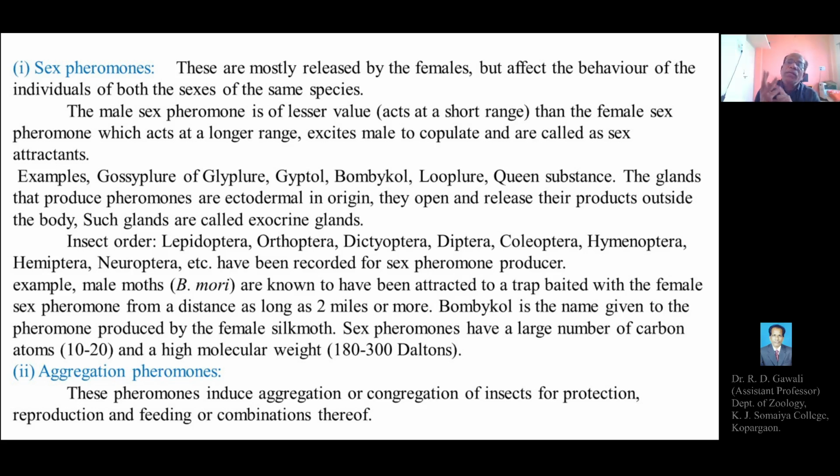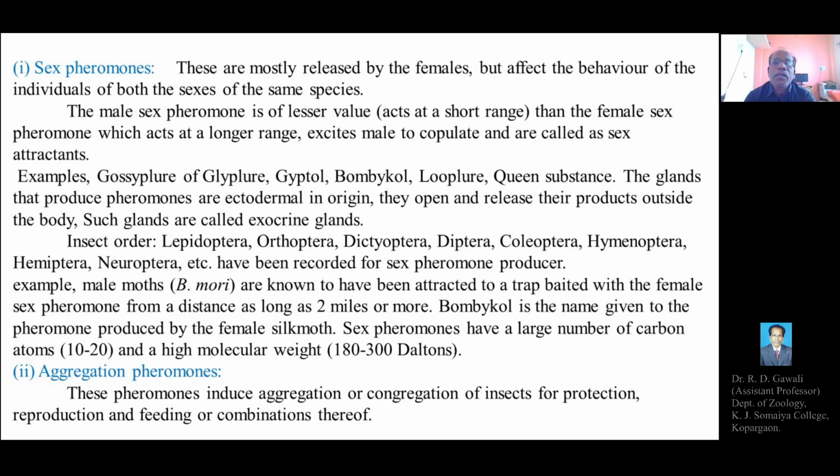So we can use sex pheromones of the particular type to attract the males or females of the particular species, collect them, and later kill them by using certain other control measures.